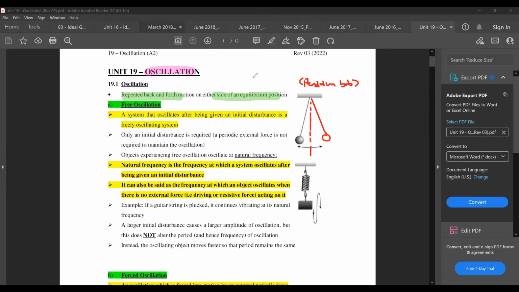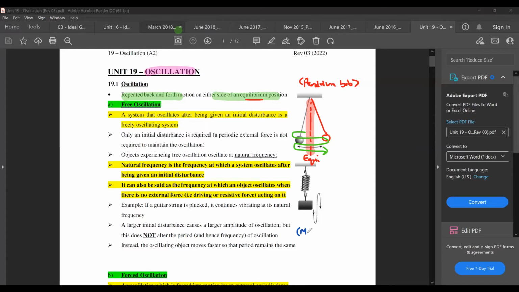Your equilibrium position is this little red line right over here. So when we say that the pendulum bob is oscillating, it's really just moving back and forth about your equilibrium position.